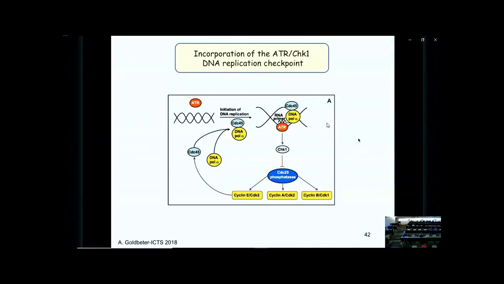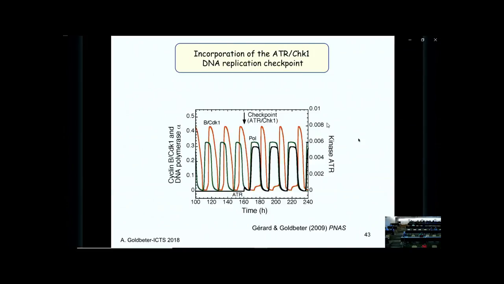When incorporating these kinases, the dynamics does not change qualitatively, but you see that the appearance of the oscillations is changing. For example, the green curve is the DNA polymerase, which is now an additional variable, and the red curve is cyclin B-CDK1. In the presence of the checkpoint, there is a better separation between the peaks.